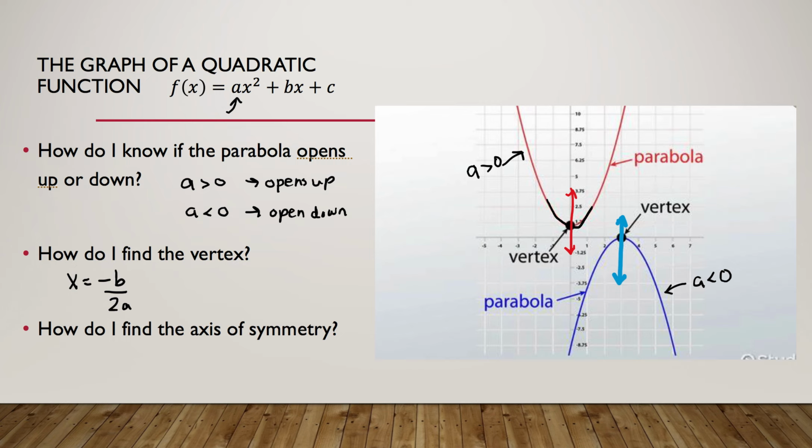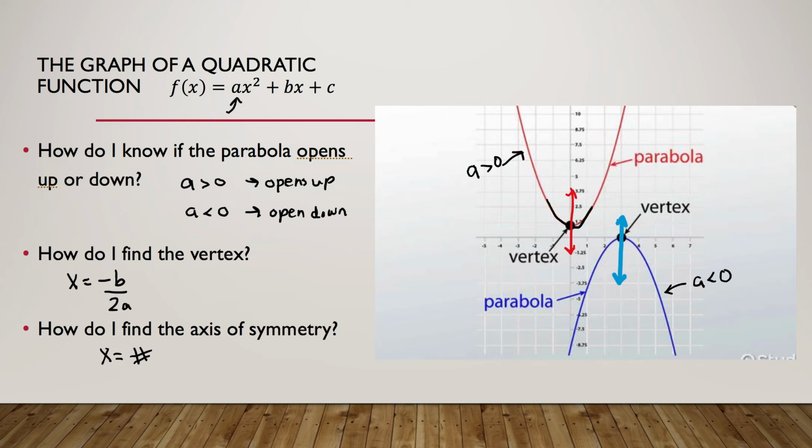Well, we know that the axis of symmetry is always a vertical line. And we know from our study on lines in the last couple of sections that a vertical line is always going to start out x is equal to, and it's going to be x is equal to a number. And again, as we look at an example in just a minute, we'll come back and fill that in.